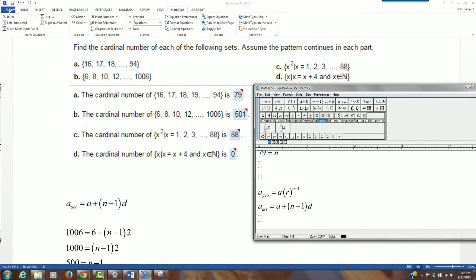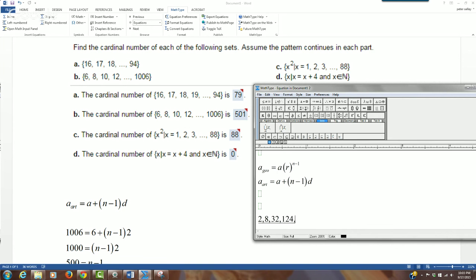And you said the ratio for the geometric is what again? Well, let me generate a pattern here. Let's take something like 2, 8, 32, 128, I think is the next number.